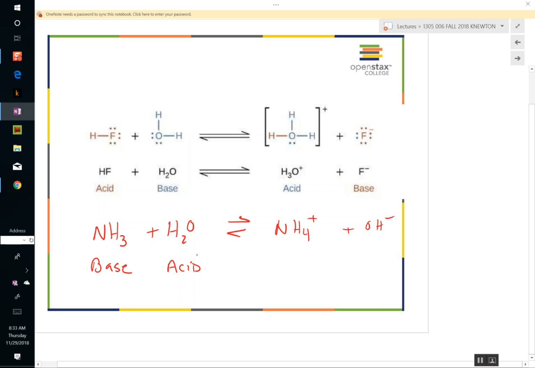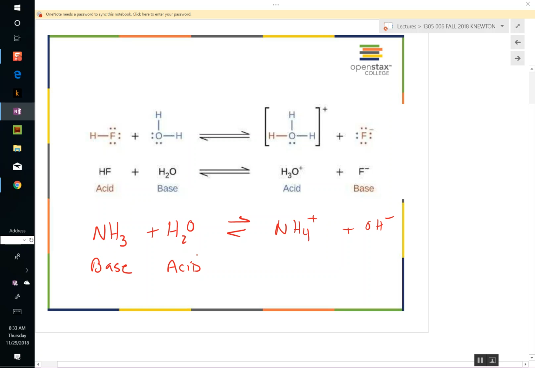So what I've got here are two equations where, here, you're calling water the base. It's the proton acceptor. And over here you're calling water the acid. It's the proton donor. So it depends on what it is interacting with.